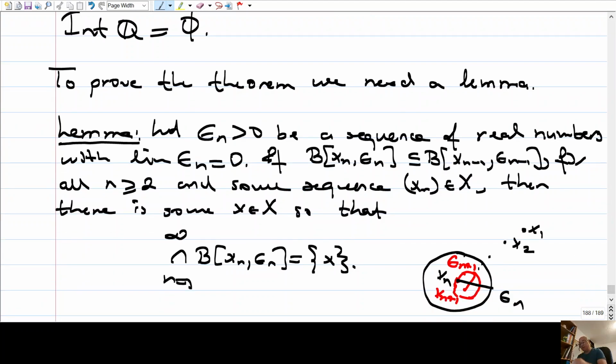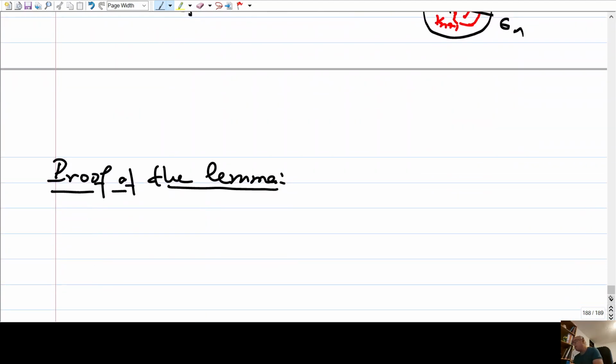So we need to show that this sequence is convergent, but since we are in a complete metric space, it is enough to show that the sequence is indeed Cauchy. Now let m and n be integers with m larger than n.